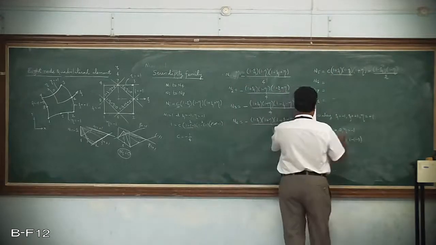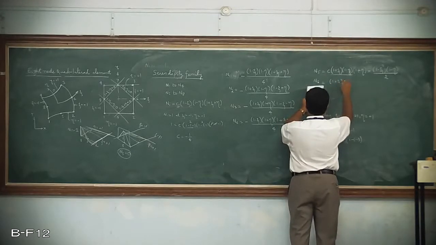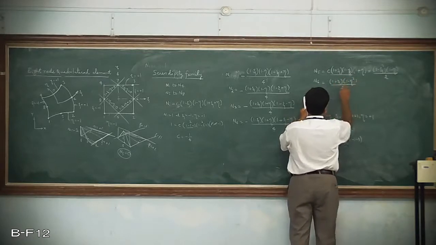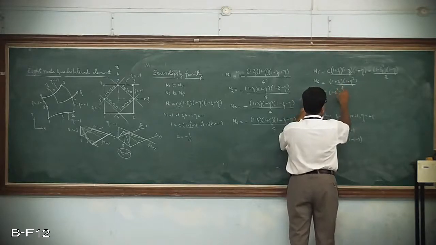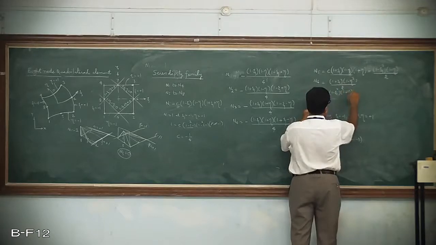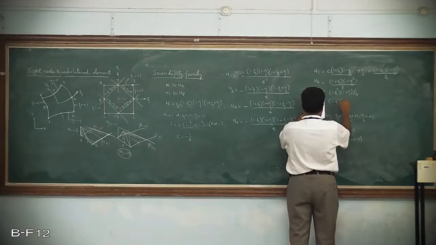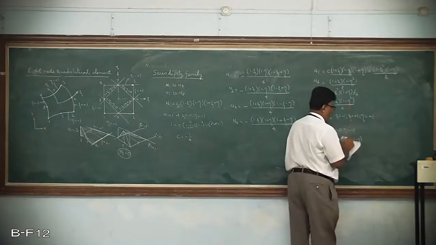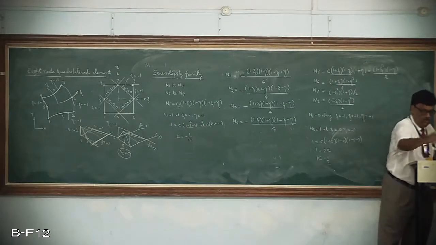Similarly, I can write the next ones: 1 plus zeta into 1 minus eta square upon 2, 1 minus zeta square into 1 plus eta upon 2, 1 minus zeta into 1 minus eta square upon 2. So if you just take this, you will take care of it.